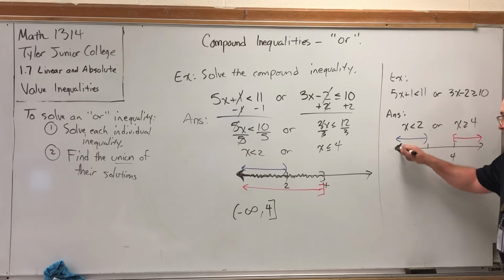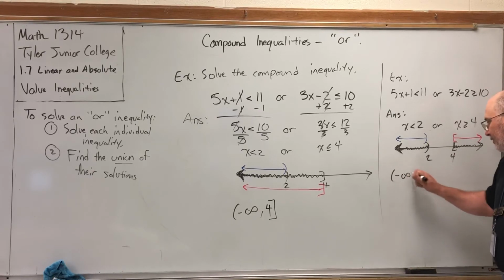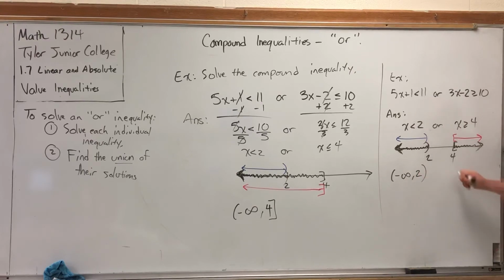So if I were to draw them collectively in one color on the number line, we have 2 disjoint intervals. Disjoint meaning they do not overlap. And remember how to write the interval for a shaded portion of number line that is made up of 2 parts. You write the interval for each one, so negative infinity comma 2 with the parentheses, and bracket 4 comma infinity, and then to join them together as a single answer, you literally just put a union sign in between.